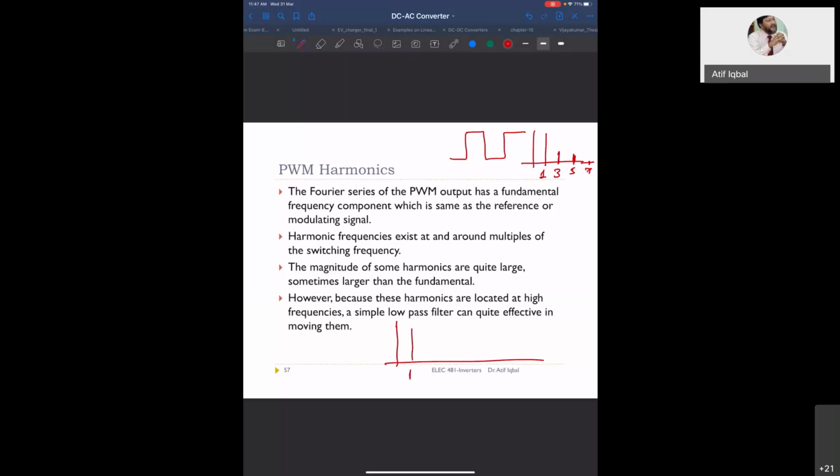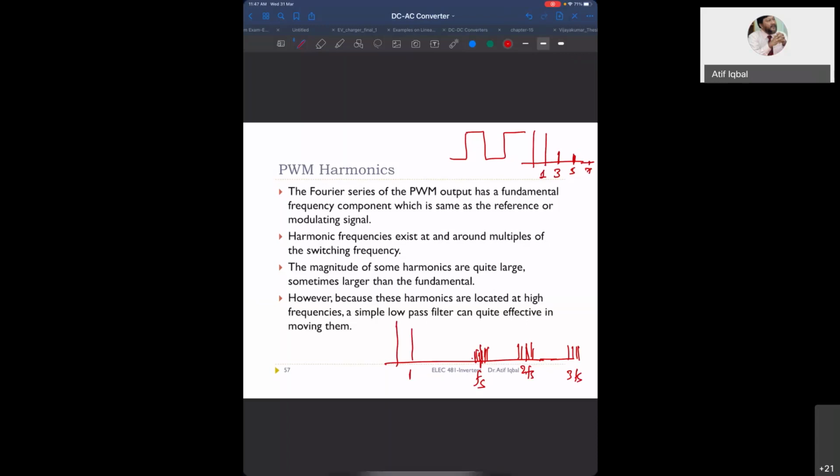And what you will see in the spectrum is the fundamental, then at the switching frequency, at 2 times switching frequency, at 3 times switching frequency. So there are no low order harmonics. The low order harmonics 3, 5, 7, all these are eliminated. They will not be there in the spectrum.